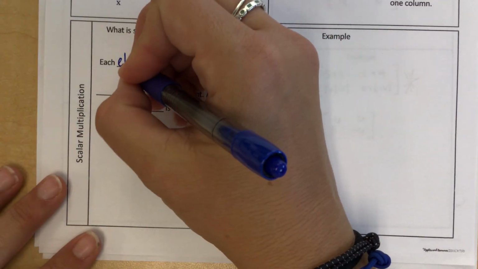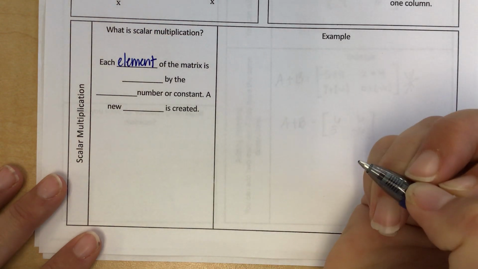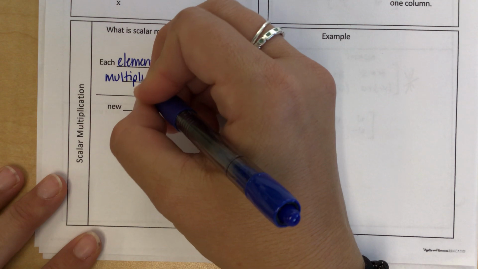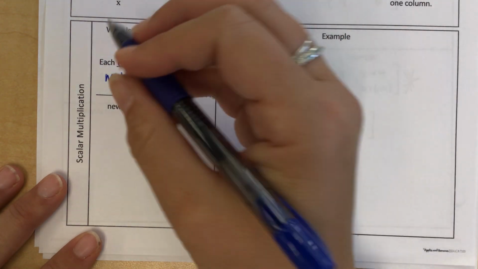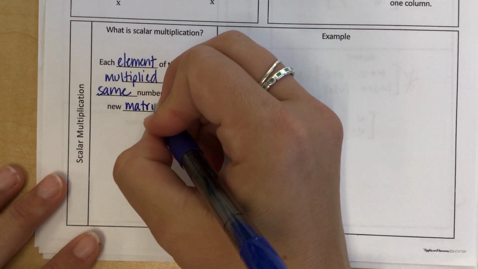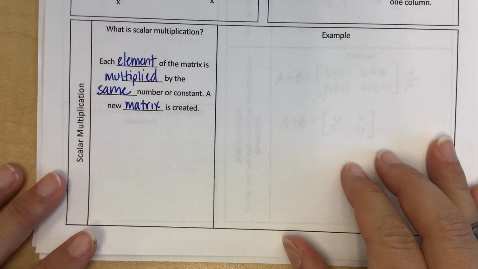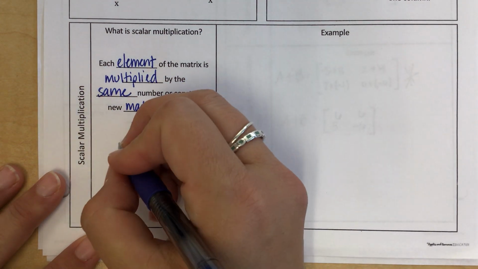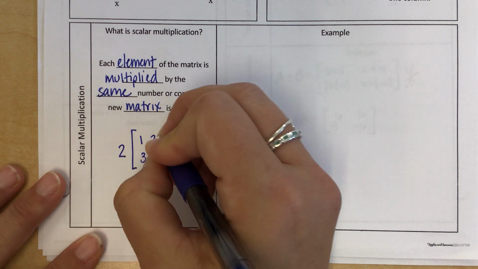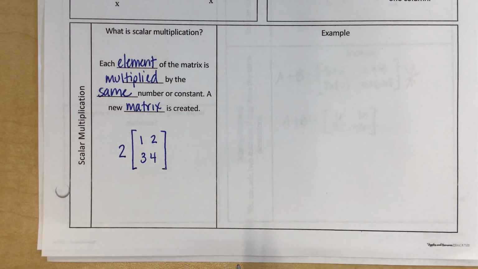All right, so each element of the matrix is multiplied by the same number or constant, and a new matrix is created. Okay, so if I have like 2 on the outside and then I have just a real basic matrix, this is scalar multiplication.